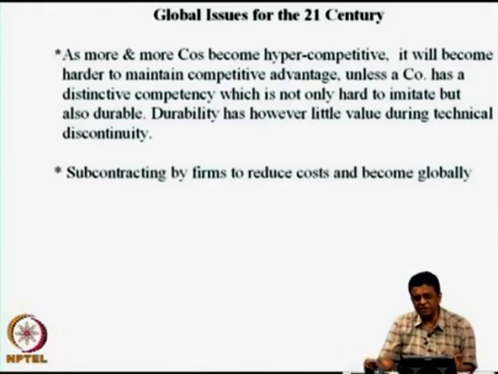Now, when such a thing happens, what is going to be the change that you are seeing? It will be difficult to maintain competitive advantage in this type of hyper competitive scenario, unless the company has a distinctive competency which is not only hard to imitate, but also durable.